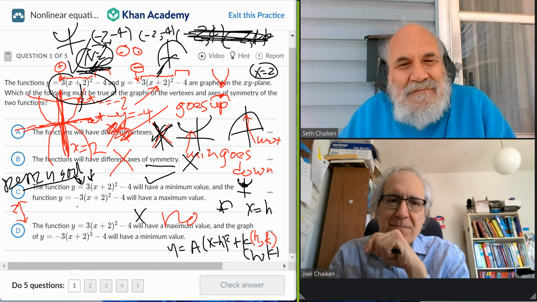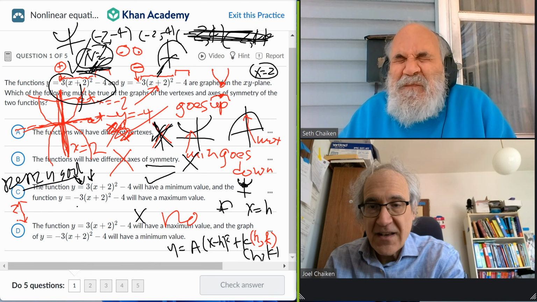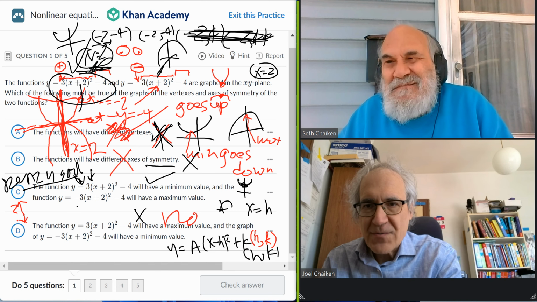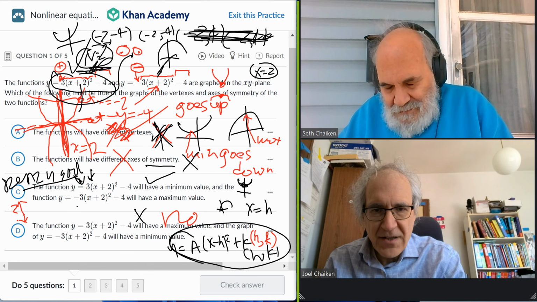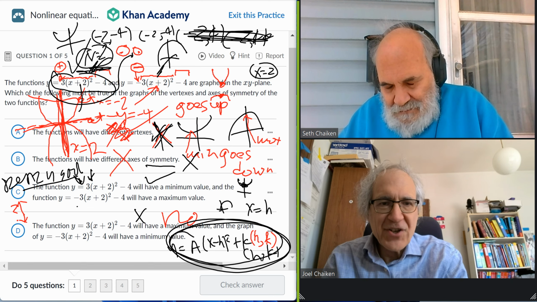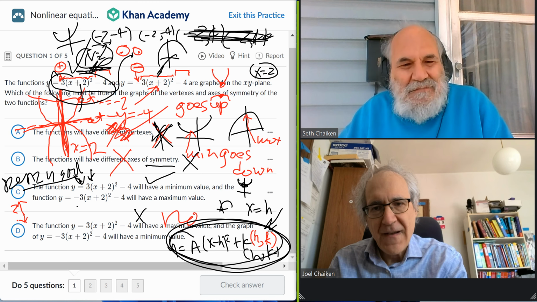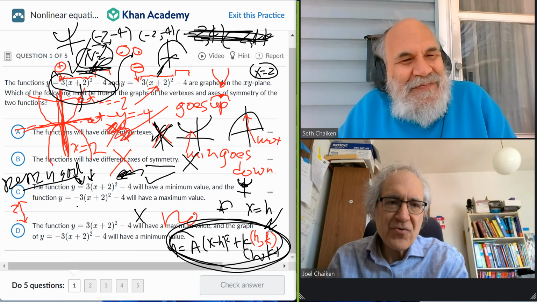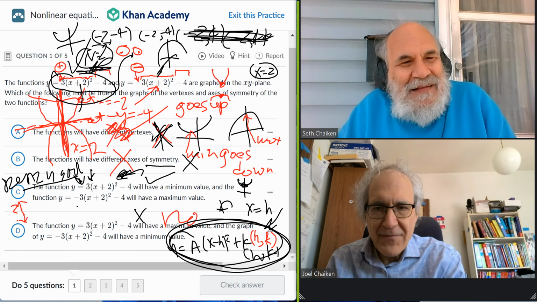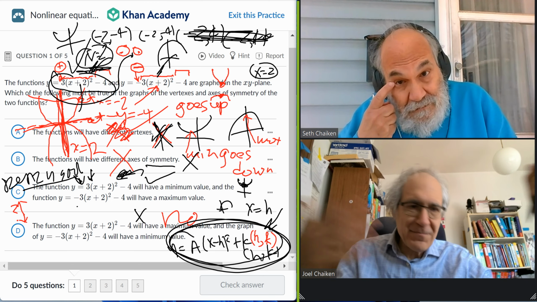So this used both modalities of thinking. Immediately looking at something and knowing what the axis of symmetry and the vertices are is algebraic thinking. This is graphical thinking, where if you have a positive and a negative, just because of up and down, you'll get messed up.